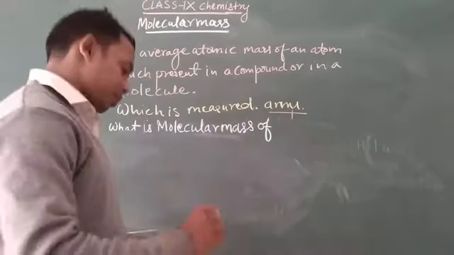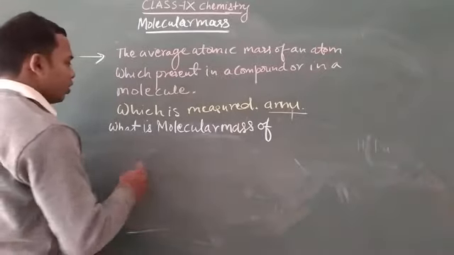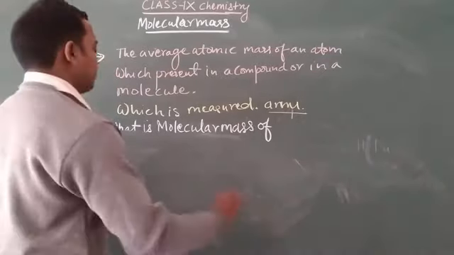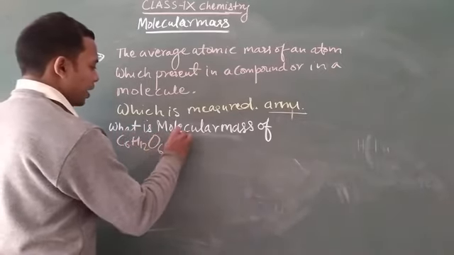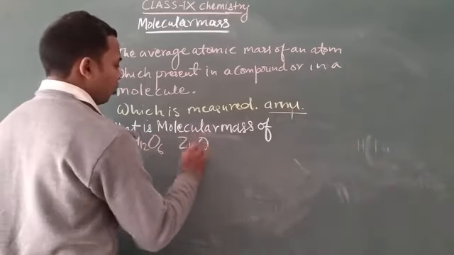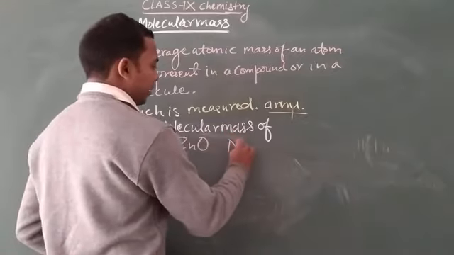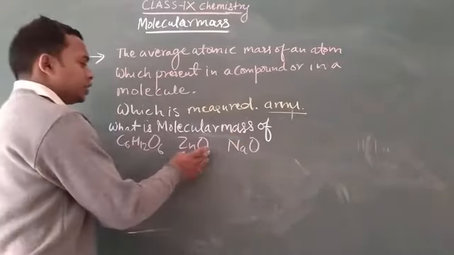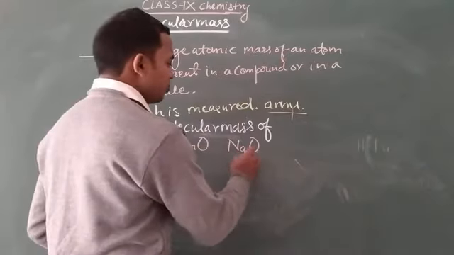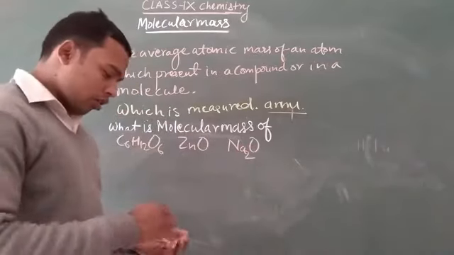Now the example has been given: calculate the molecular mass of C6H12O6, ZnO and Na2O, meaning glucose, zinc oxide and sodium oxide. You have to obtain their molecular mass.